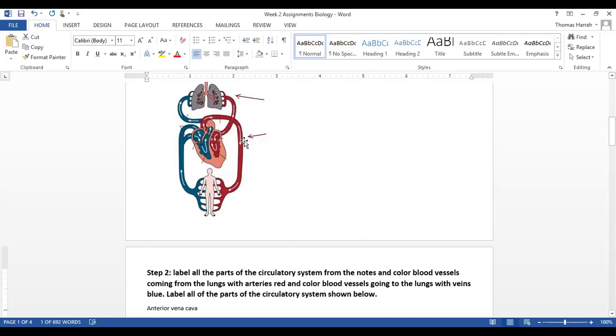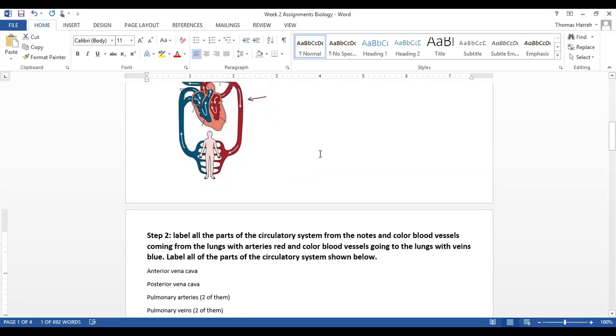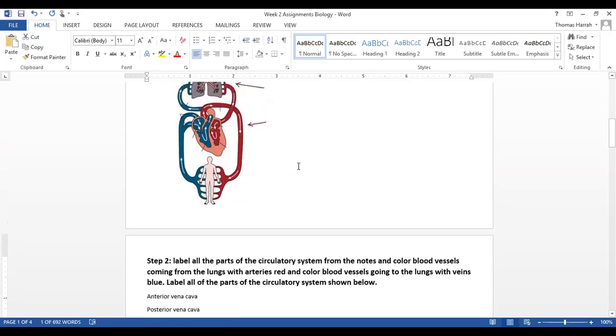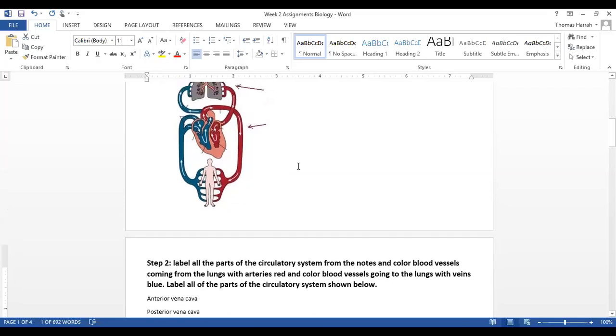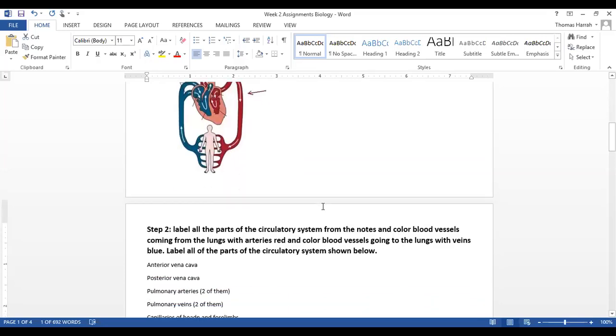All these here carrying oxygenated blood, and this part of the heart with oxygenated blood, is going to be red. And then blood vessels carrying not oxygenated blood that's going back to the lungs are going to be blue. So these veins, all of them here, and this side of the heart carrying not oxygenated blood going back to the lungs, is going to be blue.